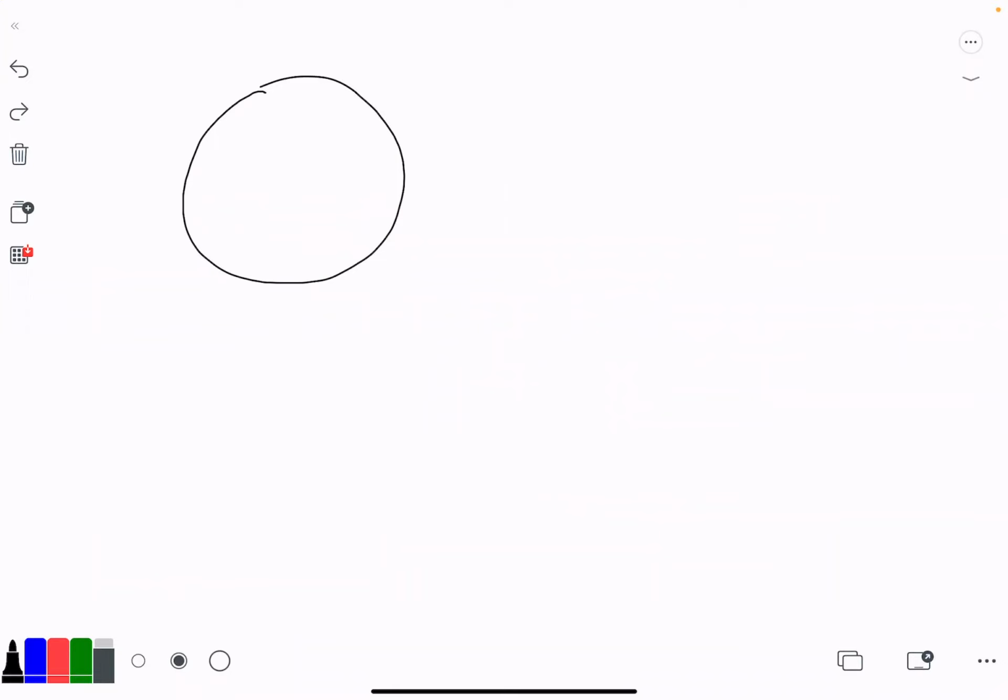When you put charge on a metallic sphere, what will happen? The charges will repel each other and go far away from each other, and they will reside only on the surface of the metallic sphere.